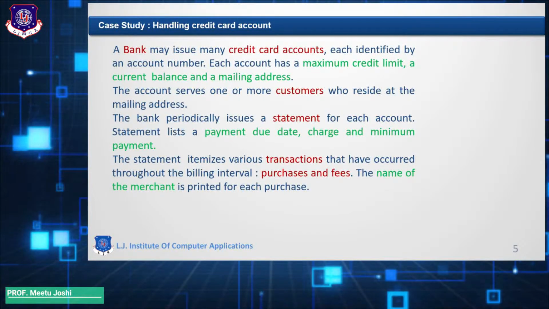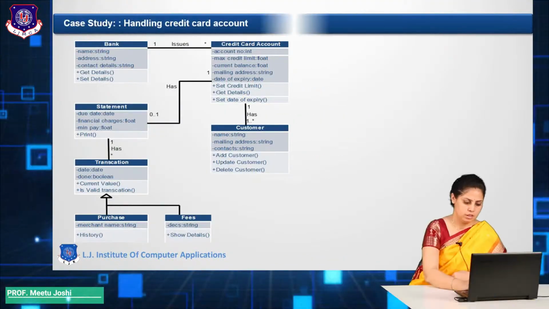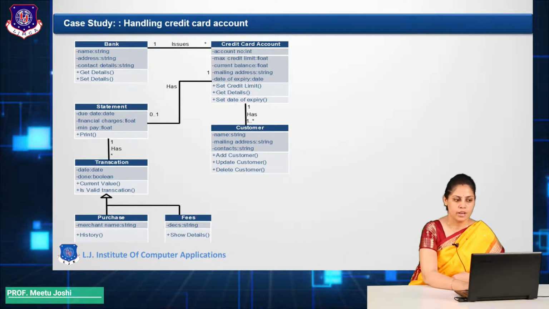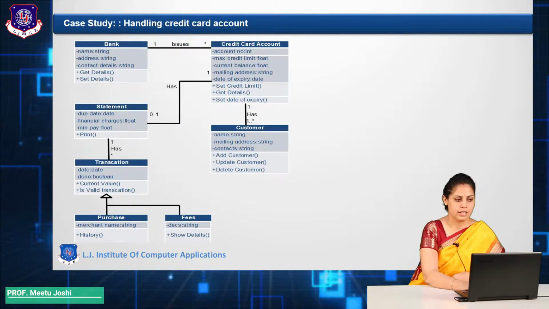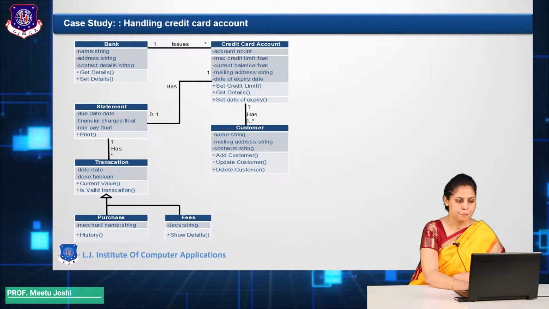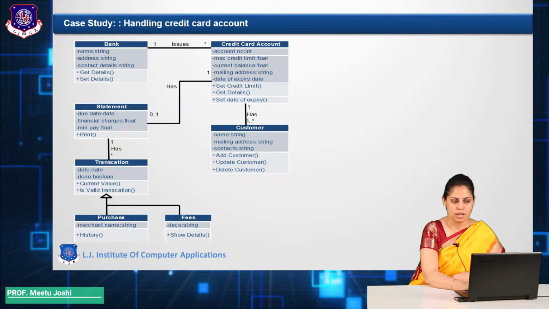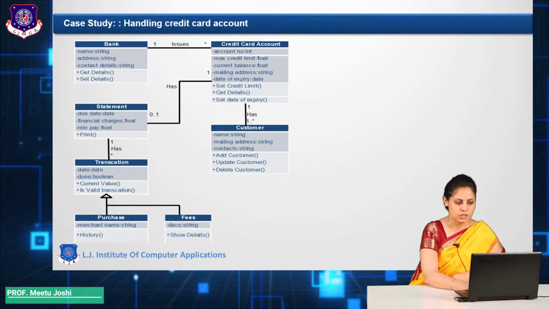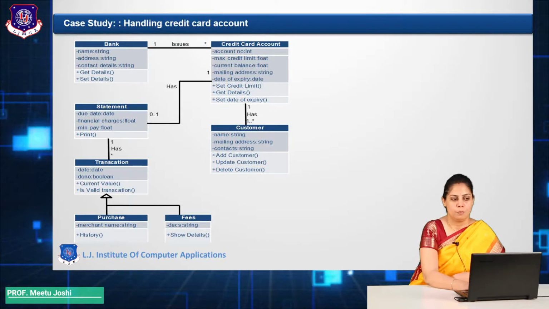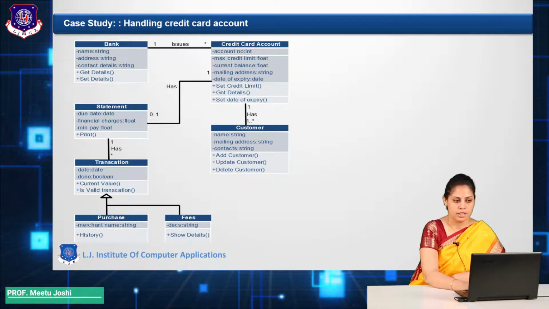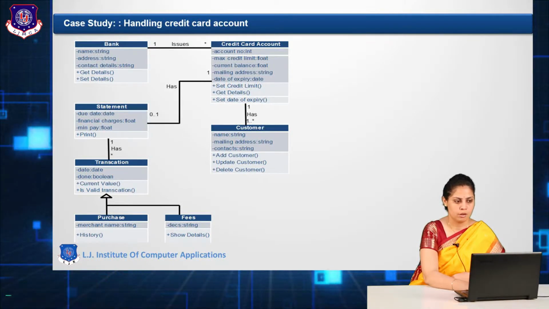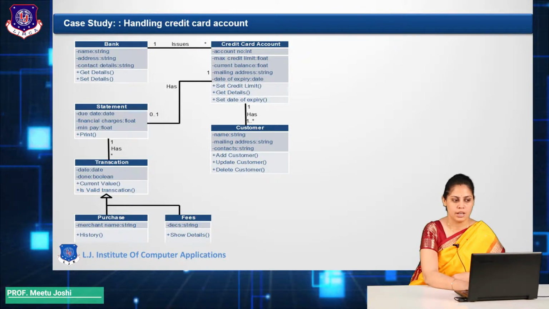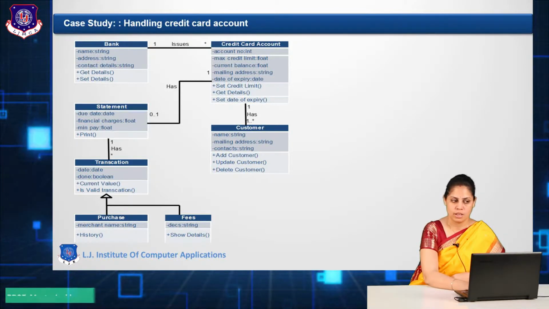See here, it's the diagram. The classes marked in red I put here: bank, credit card account, customer, statement, transaction. Now, the bank issues many credit card accounts, so I put one bank here. The attributes are name, address, and contact.